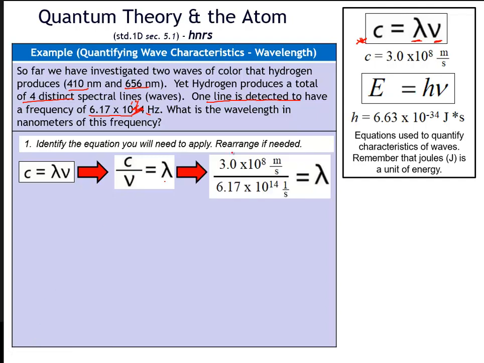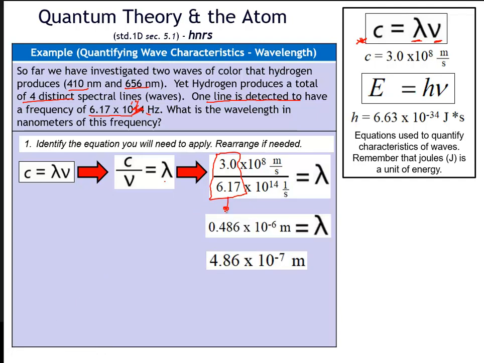So then when we do this, we'll get these two numbers. We'll divide these out, and that gives us this number. And then we'll get the 8 minus the 14, which will give us minus 6. And then as we move the decimal to the right one spot, we have 4.86. And then remember, we have to minus it because we moved to the right, to the negative 7.